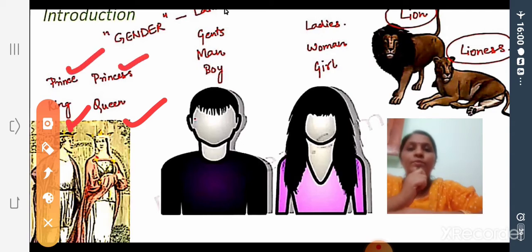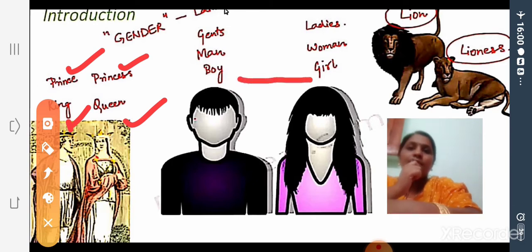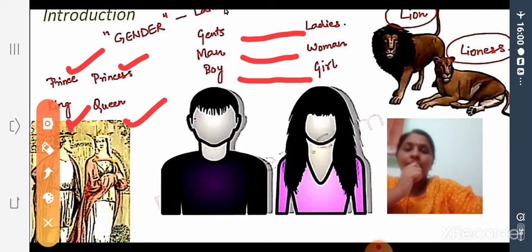Okay, some more examples are also given here. Boy, what is the opposite gender? Girl. Man, woman. Gents, ladies. Okay. So every living organism has male-female distinction.